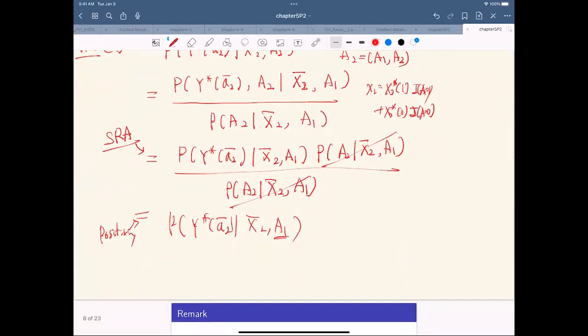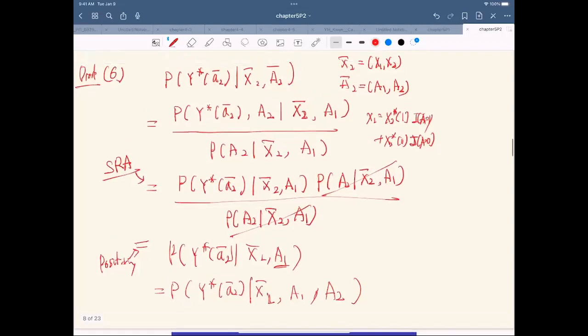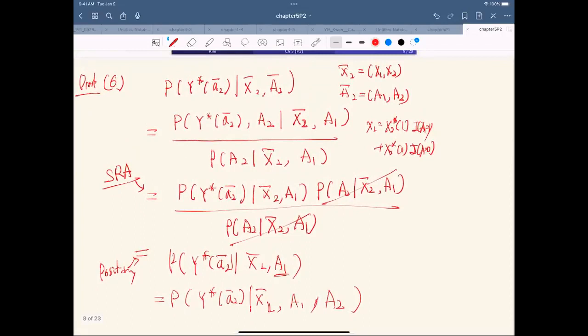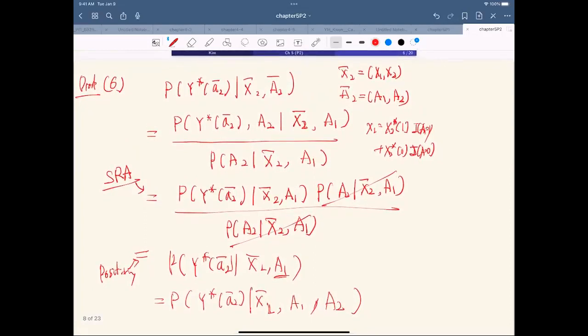So once you have this potential outcome, that is actually what you want to show, right? We just showed them. So this is what we are kind of showing, right?